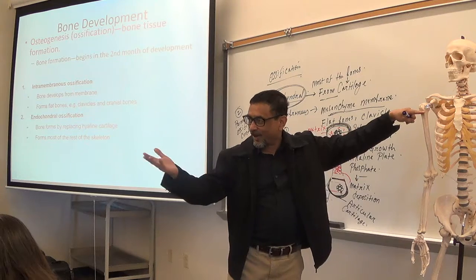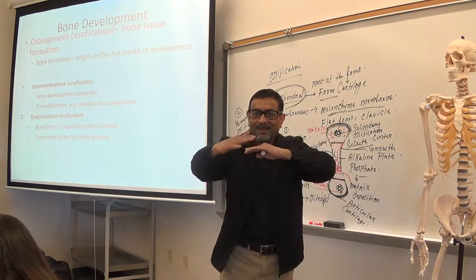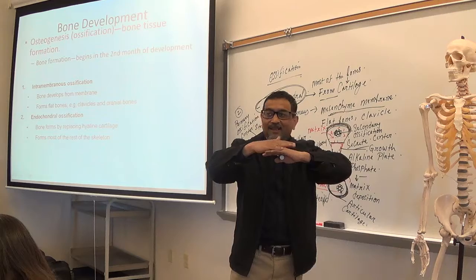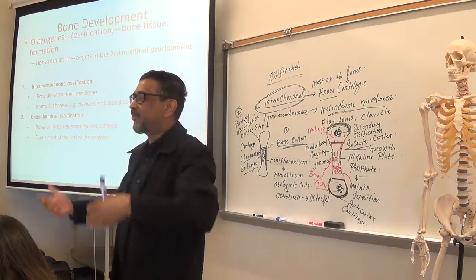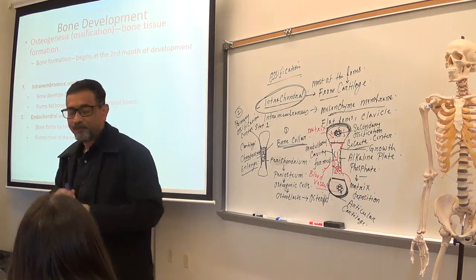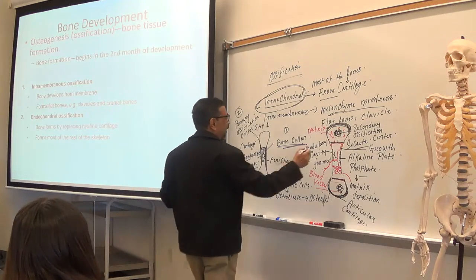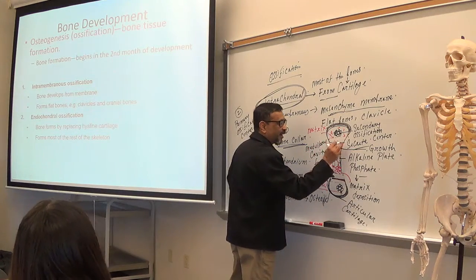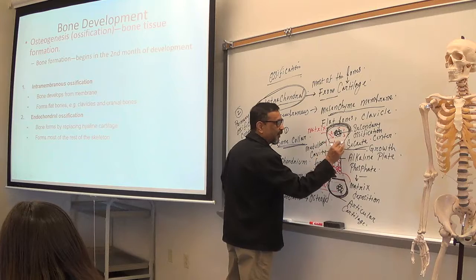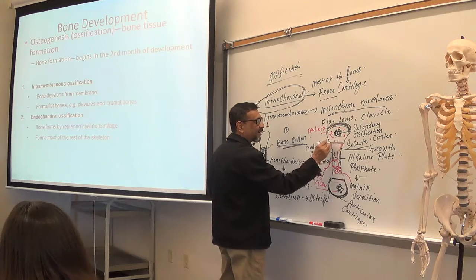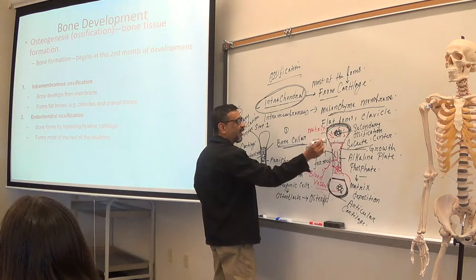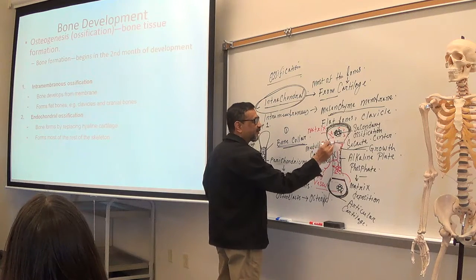And that is a weak point, right? Fracture can occur easily there. And that happens. That is called epiphyseal fracture. Okay? And this thin line of growth plate that remains as cartilage is called the epiphyseal line or plate.